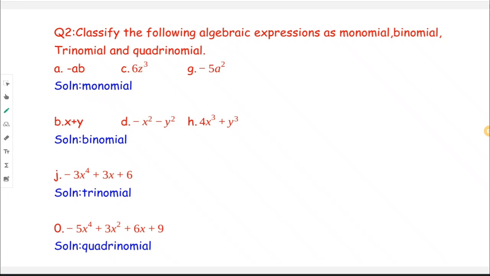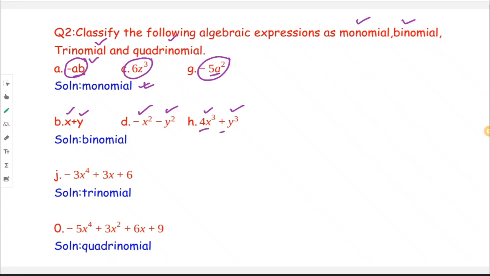Classify the following algebraic expressions as monomial, binomial, trinomial, and quadrinomial. So when you look at a minus ab, all of them are together, so this is monomial. Same thing here, 6z cubed, all of them are together. Same thing with g minus 5a square. That's why these are all monomial. Now let's search for binomial. 1, 2, and then minus x square minus y square, 2, minus 4x cubed, 1, and then plus y cubed, 1.